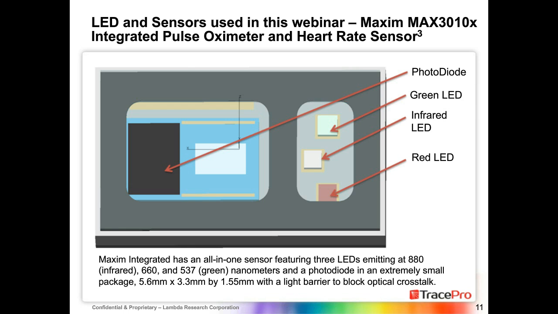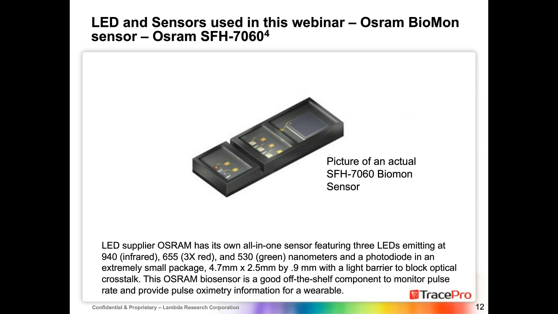Now, I'm not going to incorporate every single one of the biosensors out there, but just look at a couple here. I pulled the Maxim integrated, and I'd like to introduce you to the Osram Biomon sensor. This is the SFH7060. And you can see this thing is quite small. There's the actual sensor there right on screen, right from their data sheet. And once again, you've got 3 different LEDs, 3 different wavelengths emitting here.